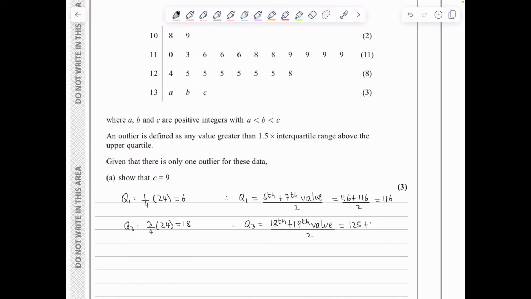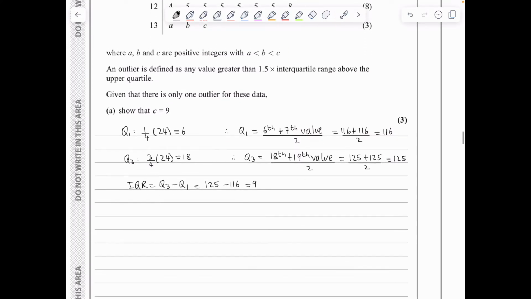So this means that the upper quartile Q3 is 125, and therefore the interquartile range, which is Q3 minus Q1, is simply 125 minus 116, which is 9.